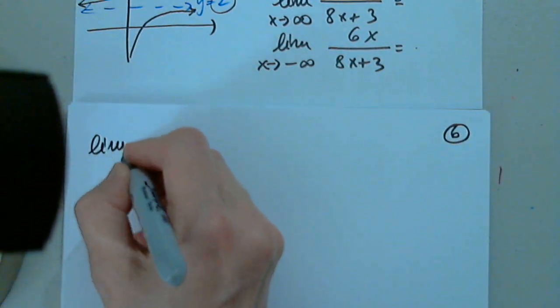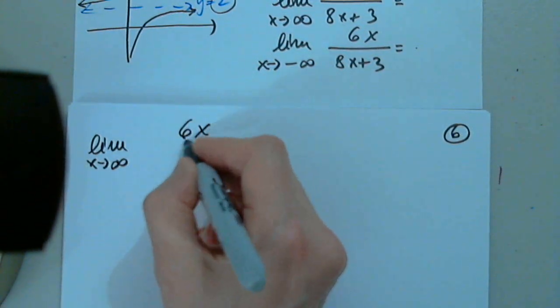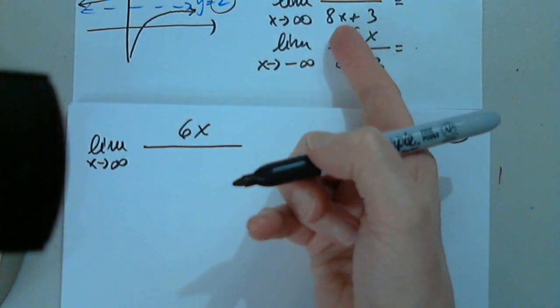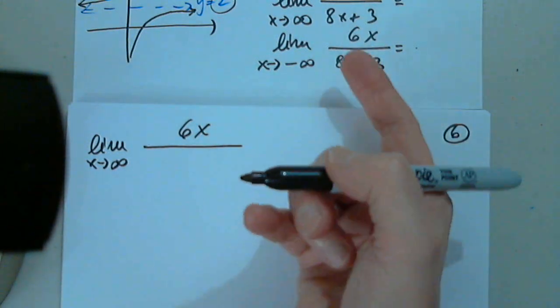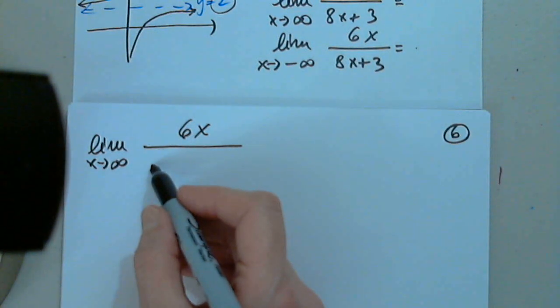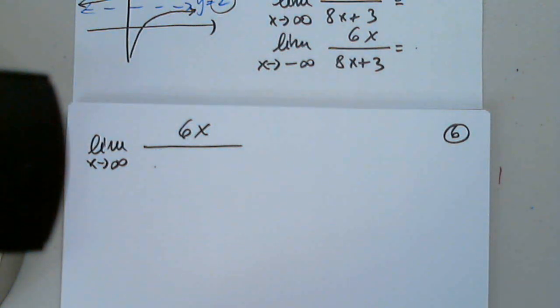So we have the limit as x approaches infinity, 6x, it's already done. Here we factor out the degree. Can anyone tell us what I should factor out? Anyone?